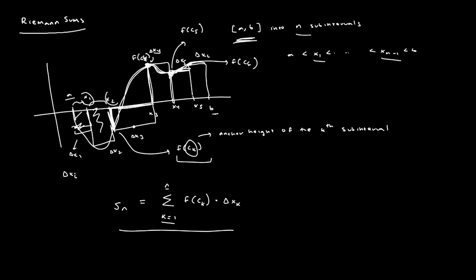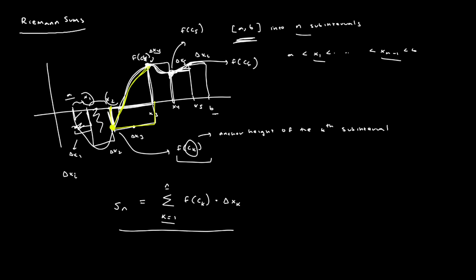Let me actually change the color. I should probably do this more often. So for each of these n boxes, let me just focus on this box over here that I created. On this subinterval between x2 all the way to x3, this is the curve, right?